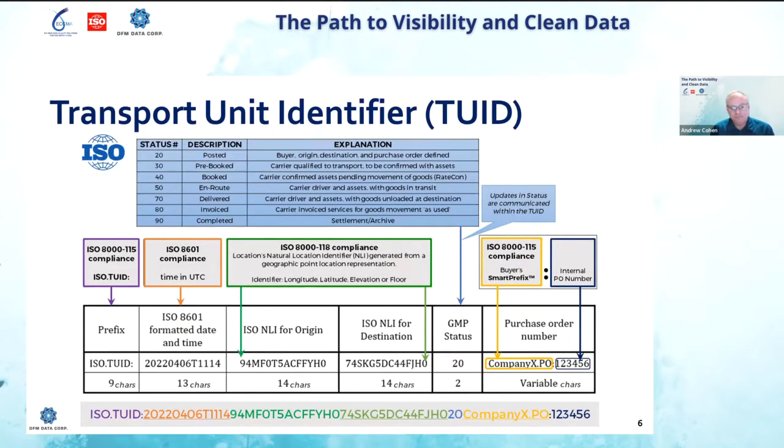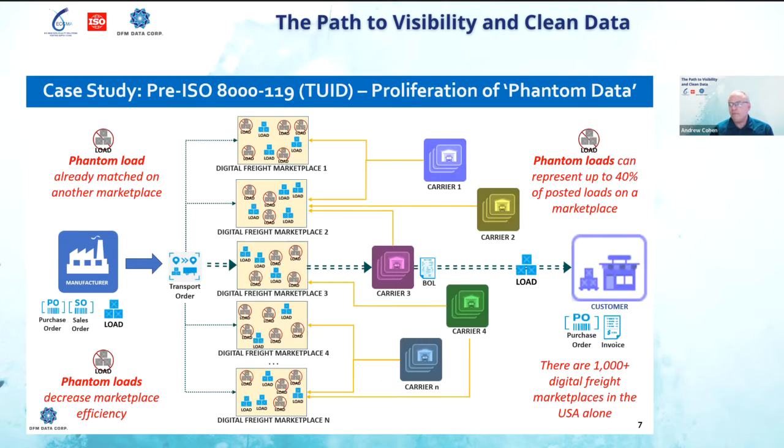Next slide, please. On this slide, what you see is how data is moved through the marketplace and through the silos from the manufacturers, as those orders are then shipped either directly or indirectly through brokers or digital freight marketplaces. And so as you see those loads move through, they're assigned identification numbers either by those brokers or by those digital marketplaces.